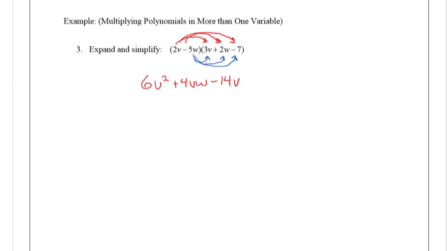All right. Now the second term, negative 5 and the 3 is going to give us negative 15vw. Negative 5 times positive 2 is going to give us negative 10ww, which is w squared. And negative 5 times negative 7 is positive 35. w times nothing is w.